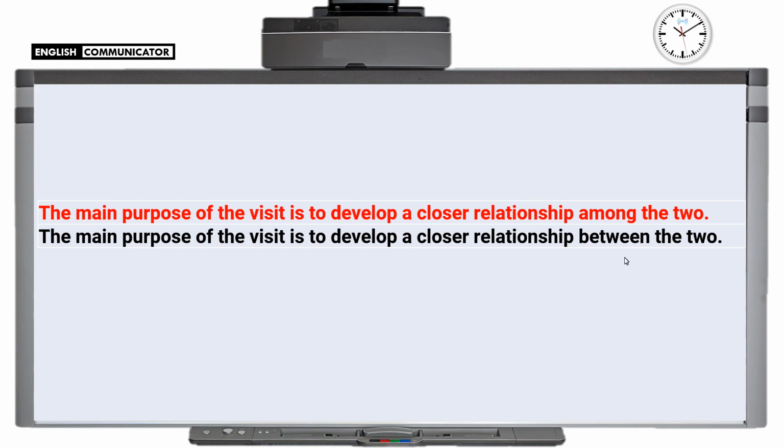Okay, if something has happened between 2 people, we must use between. And if there are 6, 7, 8 people, then you use among. So because there are 2 people, you have to say between the two. The main purpose of the visit is to develop a closer relationship between the two.